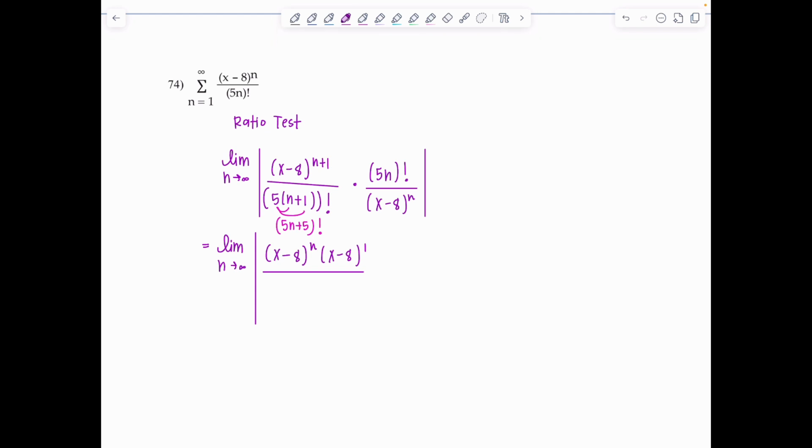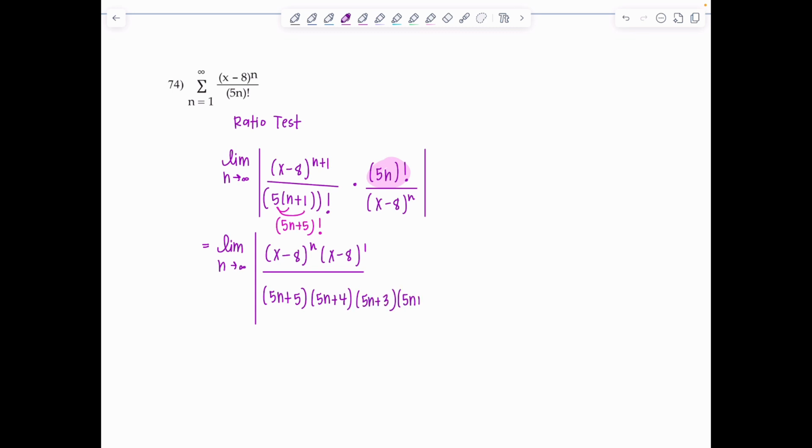All right. 5n plus 1 factorial is 5n plus 5 factorial once you distribute the 5. So let's start breaking it down until I hit 5n. So it'll be 5n plus 5 times 5n plus 4 times 5n plus 3.